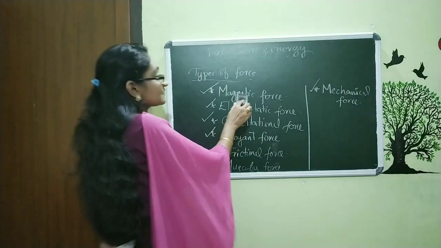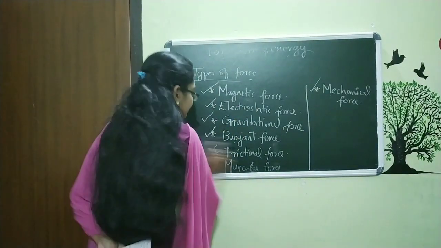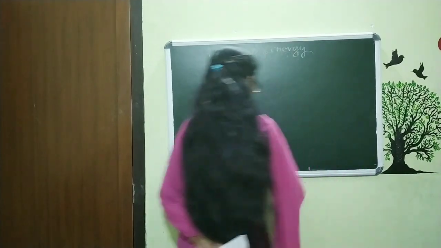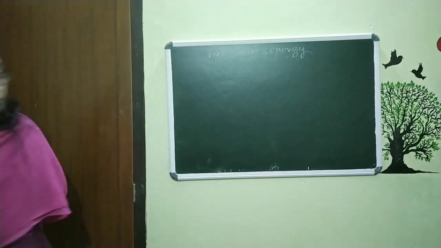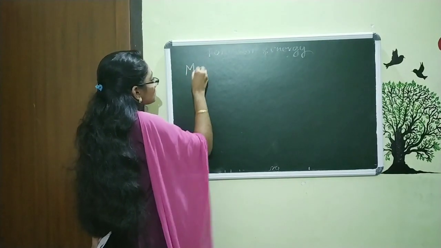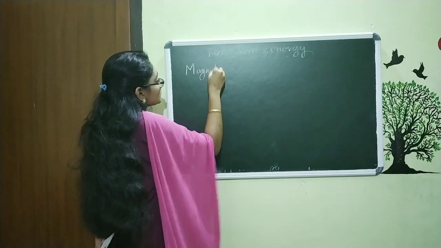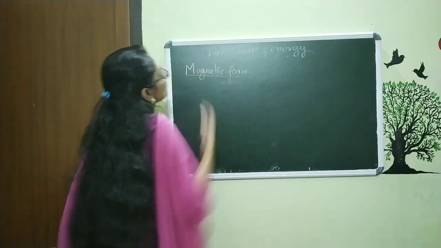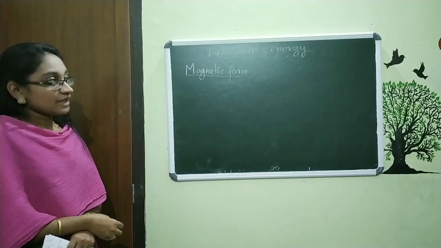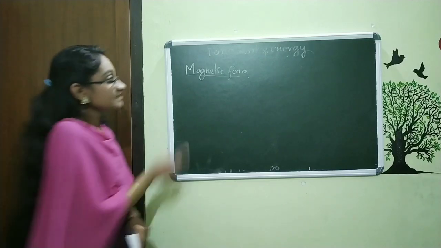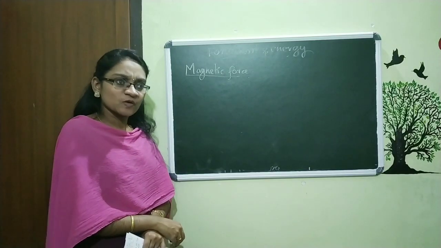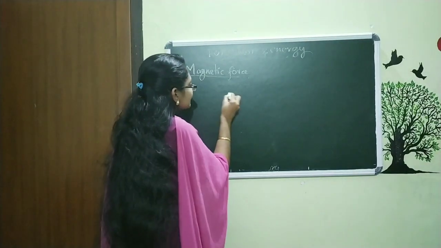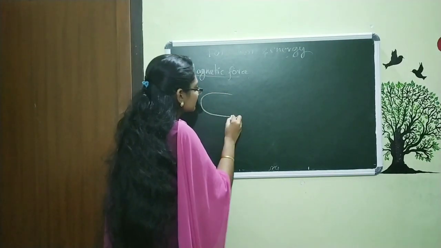First we are going to discuss magnetic force. I already said, like its name, it depends upon the force with the magnet. For example, I am taking one horseshoe magnet.